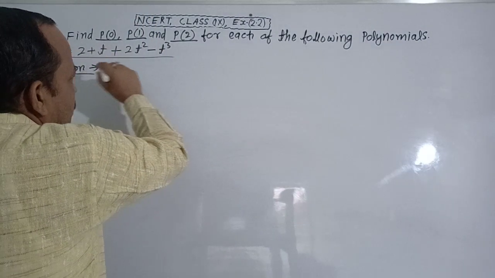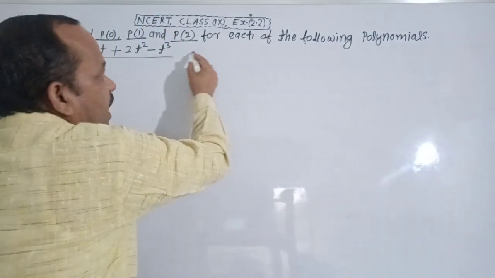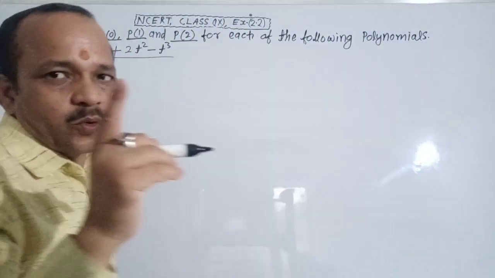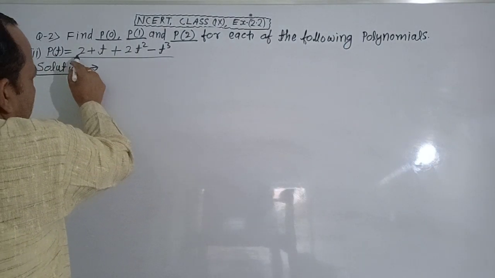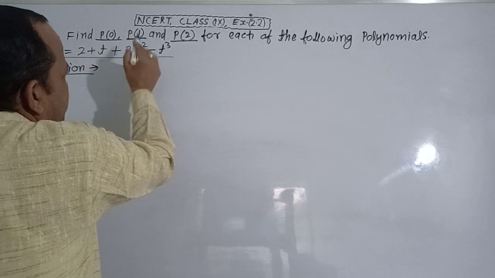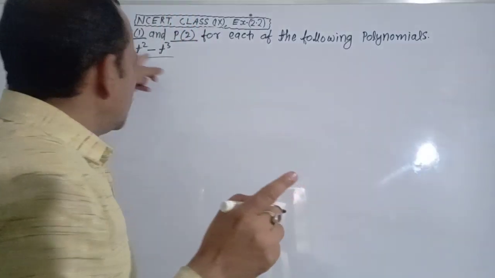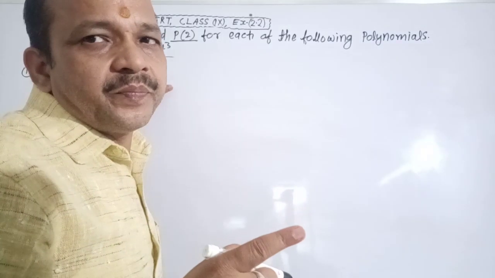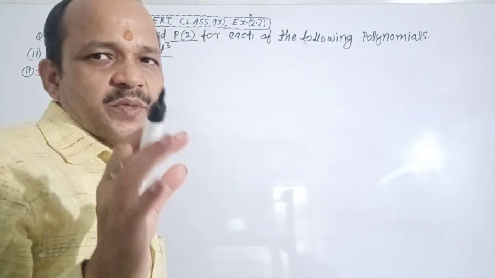Find p(0), p(1) and p(2) for each of the following polynomials. Second question, p(t) equals 2 plus t plus 2t square minus t cube. It is your polynomial. You find the value of this polynomial.